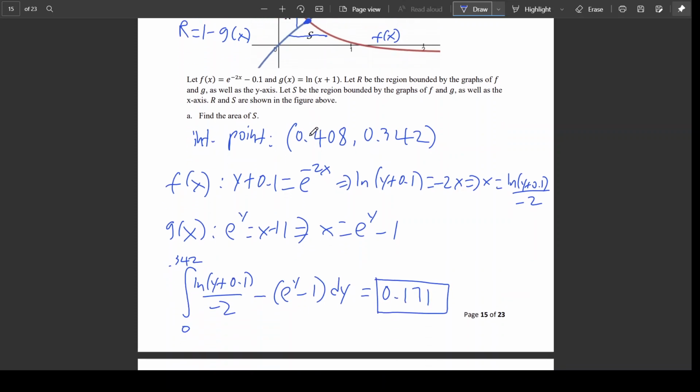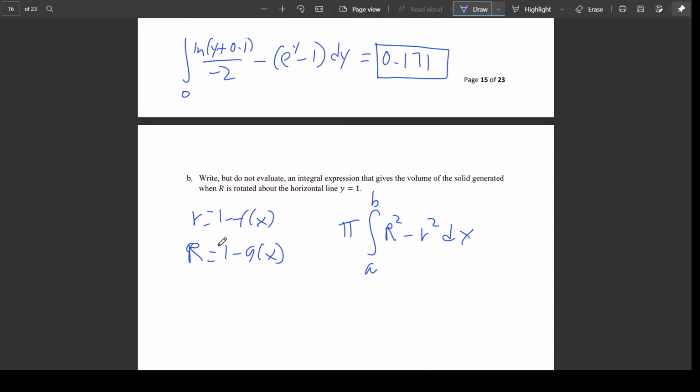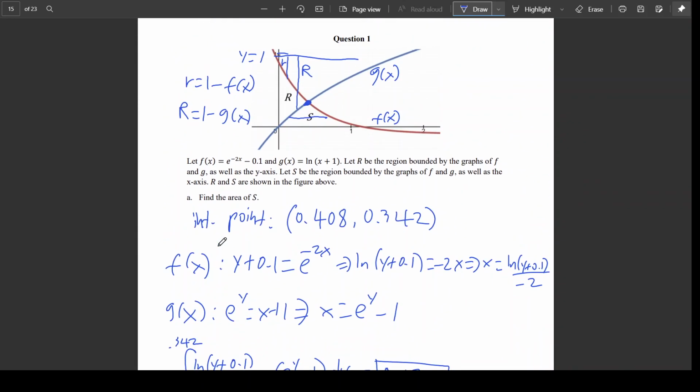Okay, now that we have our little r, which is 1 minus f of x, and big R, which is 1 minus g of x, I can just use my equation, which you remember is pi times the integral from a to b of big R squared minus little r squared dx. So I can just plug in my little r and big R, and my a and b, which are my starting point and my ending point.